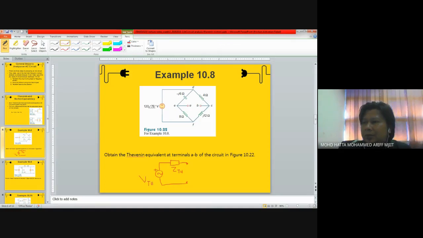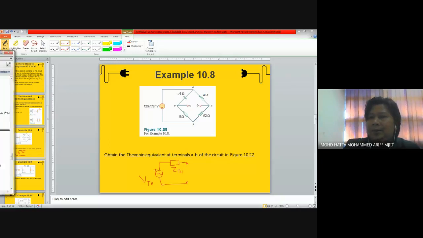It doesn't matter whether you present VTH in phasor domain or in time domain, it's the same. However, what I'm trying to explain over here is how to get these two parameters. The way we get these two values, VTH and ZTH, is by looking at the question, of course, and trying to assess it using the Thevenin equivalent theorem.